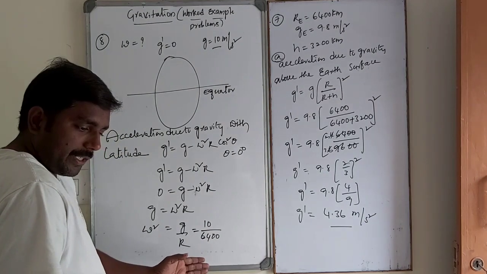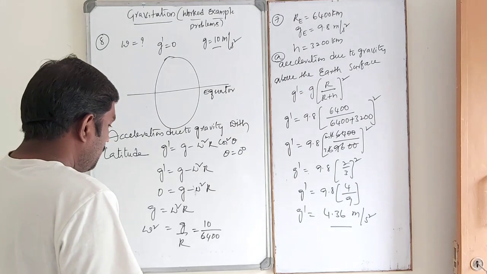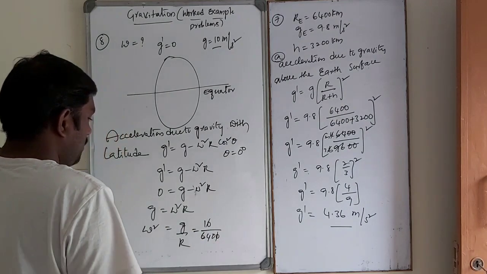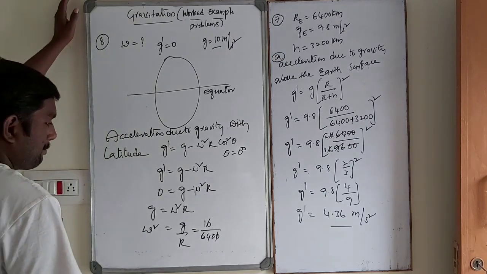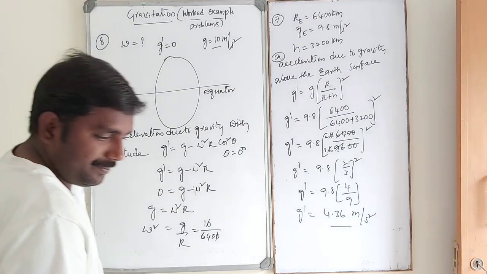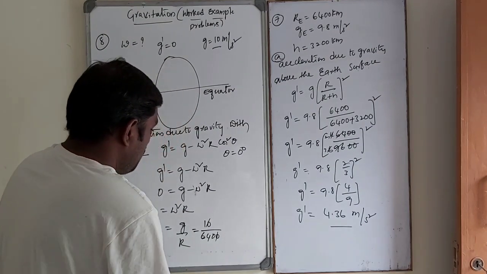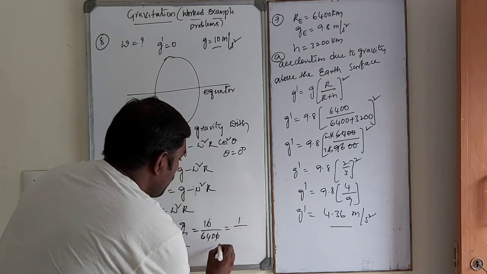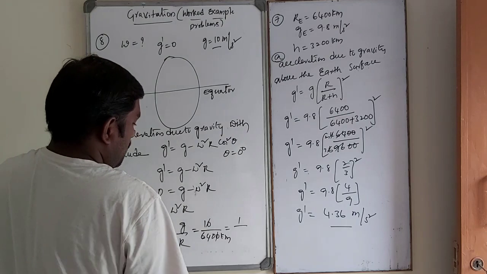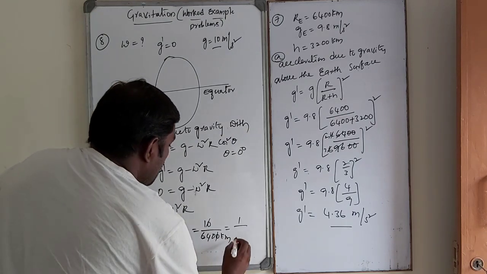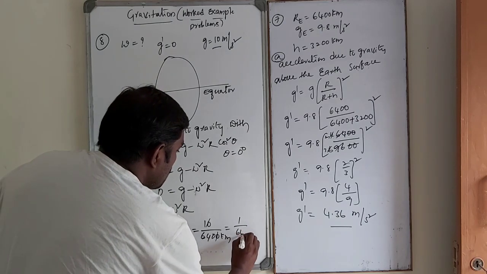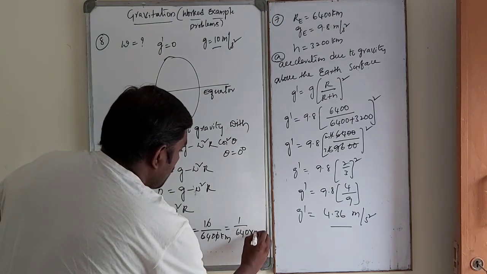6400 kilometer. Okay, clear. So 0 and 0 cancel. So ultimately, there is omega. This is in kilometers; kilo means 10 cube. So 640 into 10 cube.